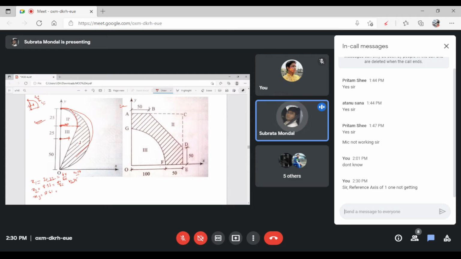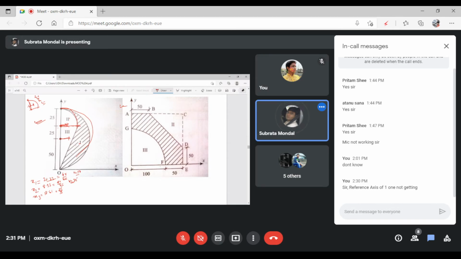And x3 means this one. x3 is a triangle. So this length is 25, so it will be simply 1/3 of 25, that is 25 by 3.